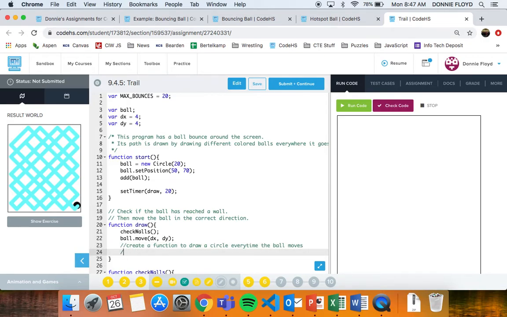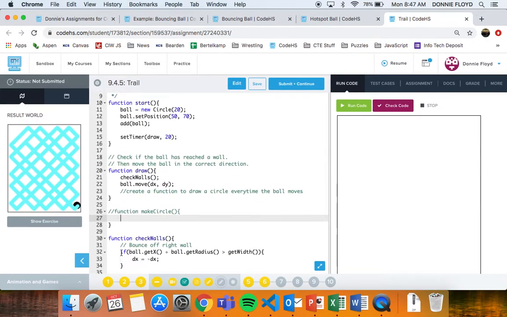And so this is still kind of the same. Let's do this. We'll do function, comment that function, let's call it make circle, make it whatever we want. And then in here, sorry, forgot to hit my comments, create a circle, half radius of the big circle.